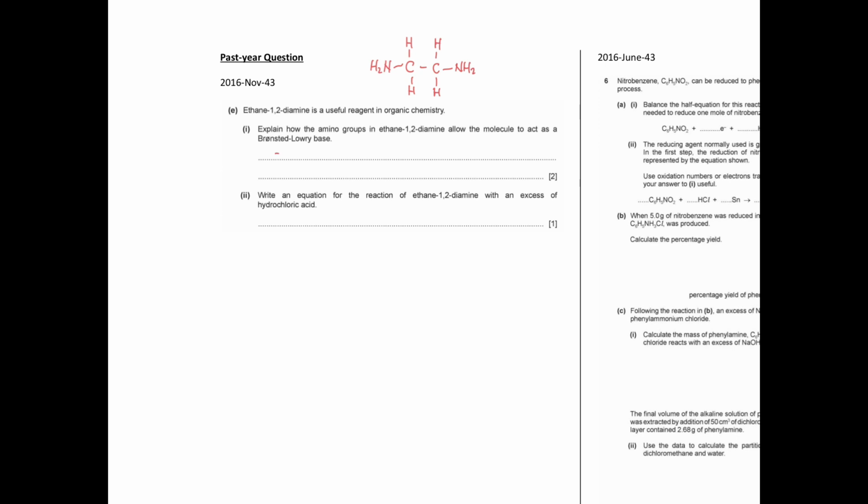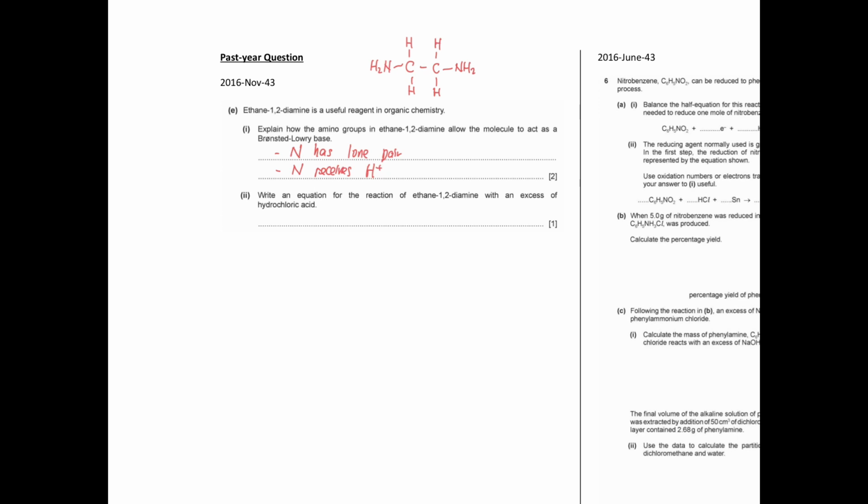So we just say that N has a lone pair, so N receives H+.